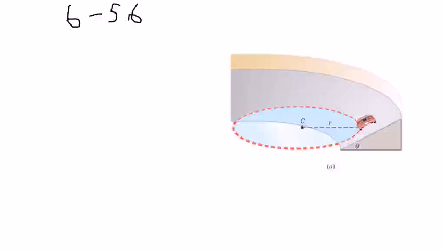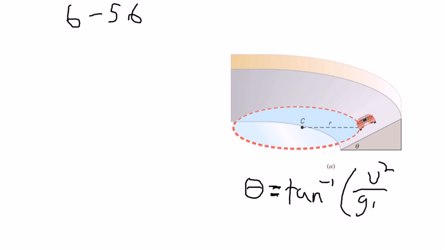I don't know if you guys remember from the end of last class, but we discovered that you, as engineers, found that the angle you would build a road to, based on the suggested speed and the radius of curvature, both of which are given in this problem, is equal to the inverse tangent of the velocity squared over g times r.